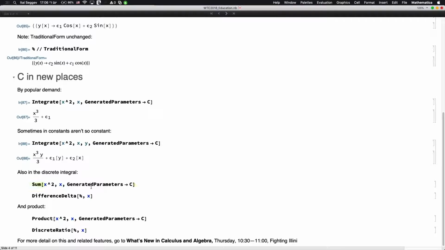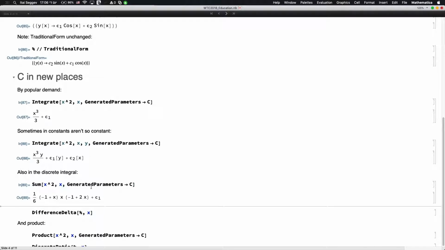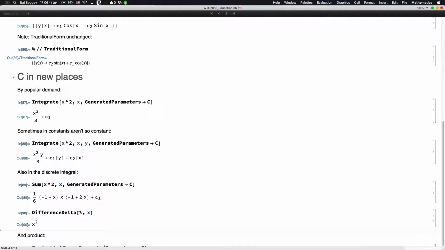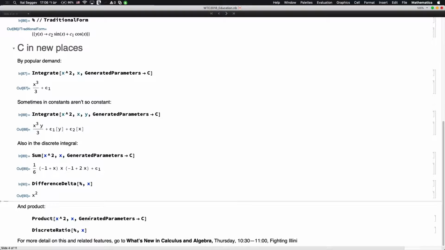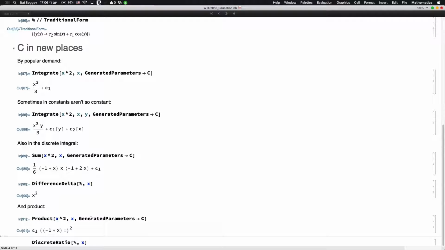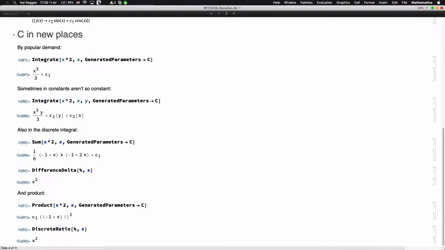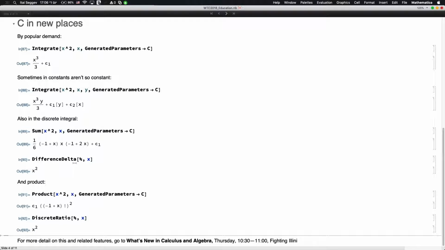In addition, we have this in discrete integrals, also known as sums, and also in products. They work very much the same way. If you want more details on these and similar things, go to the What's New in Calculus and Algebra talk, which is tomorrow morning at 10:30.